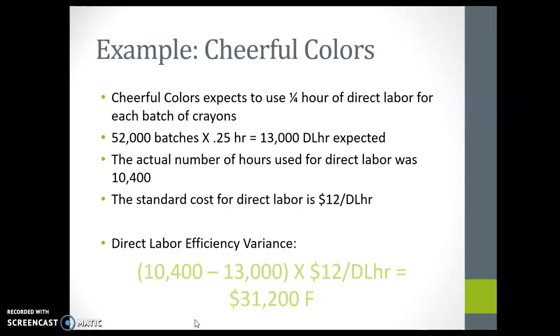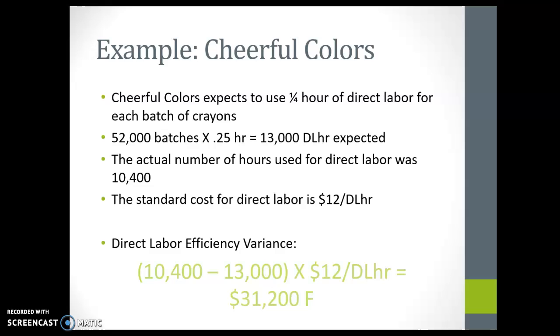Now, in the previous slide, we said that we had an unfavorable variance because we paid $14 per direct labor hour instead of the $12 that was the standard. So maybe the Human Resources Department decided to get more experienced people.